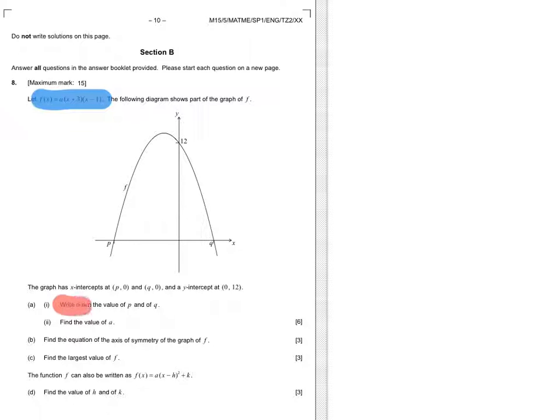The instruction write down is telling you that you don't need to do any calculations. You should, if you understand the question, just be able to give the answer straight away. The reason for that is P and Q are the two roots. They're the places where the function f of x is equal to 0.